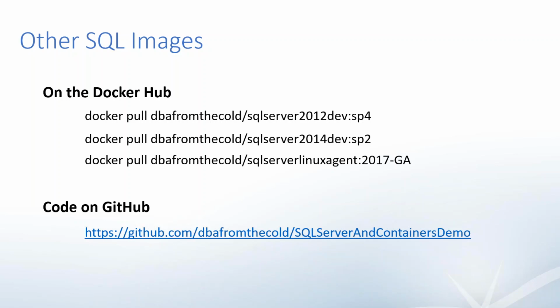Or you can have a look at the images that I've made available on the Docker Hub, which are SQL Server 2012 Dev SP4, 2014 Dev SP2, and also I've created a SQL Server on Linux image that has the agent installed, because the default one by Microsoft doesn't have the agent running. So you can check that out as well.